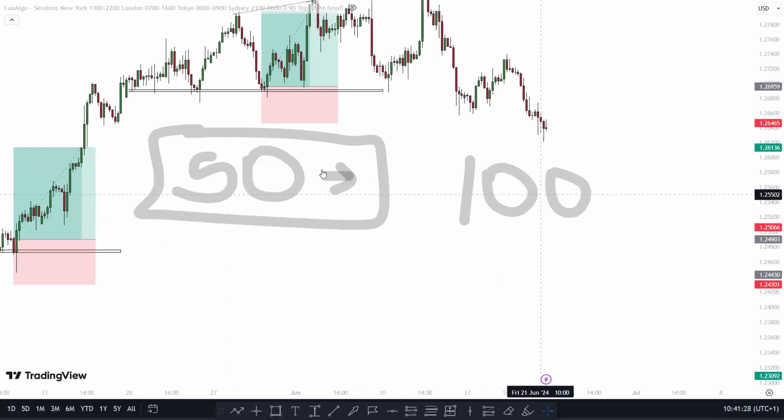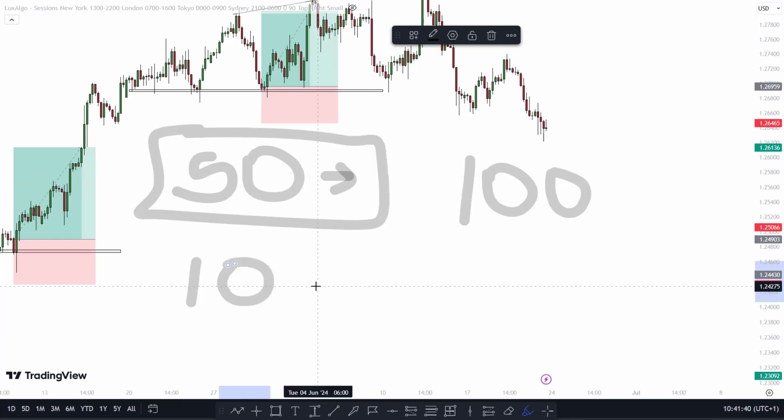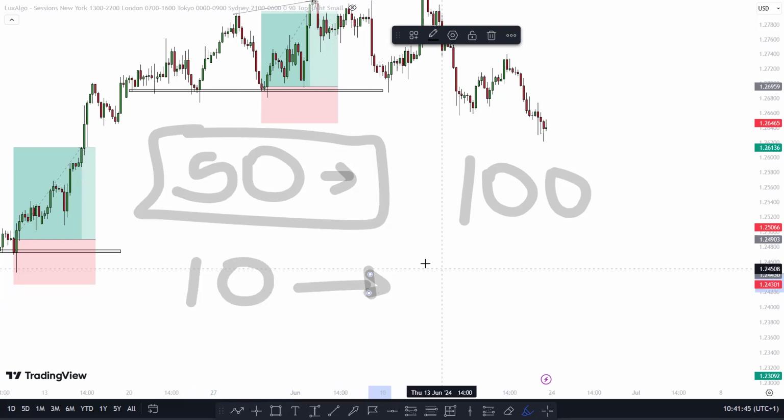So you're risking $50 for $100. Now let's say we take 10 trades. This is the idea about trading that many people don't pay very close attention to. You take 10 trades, and out of 10 trades, you win 6 trades.